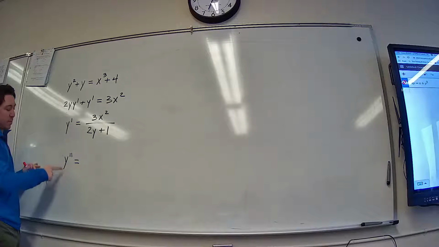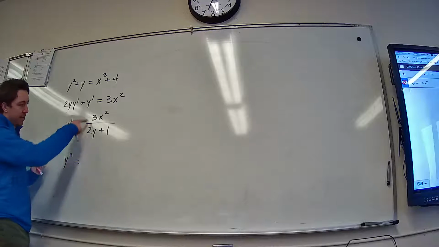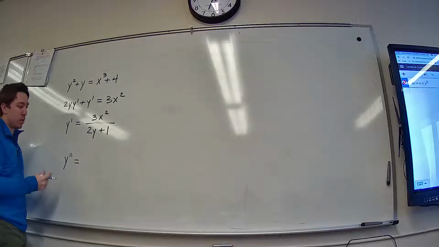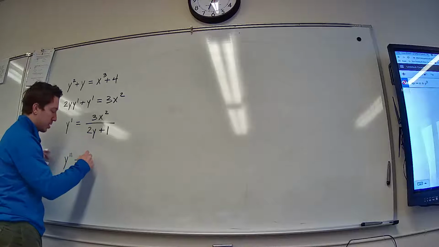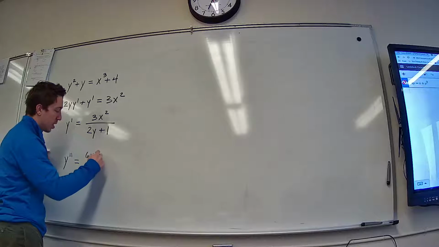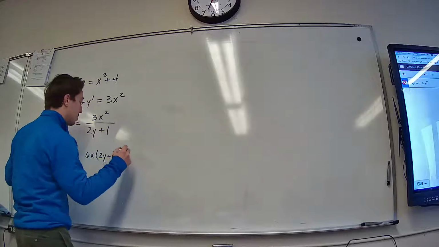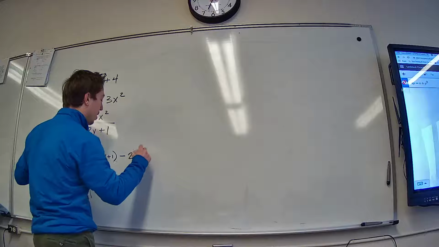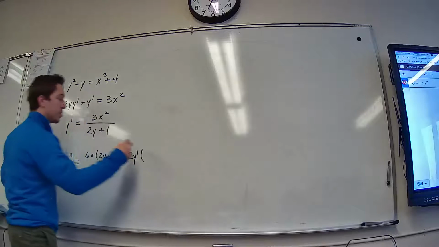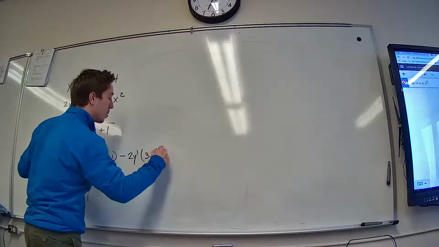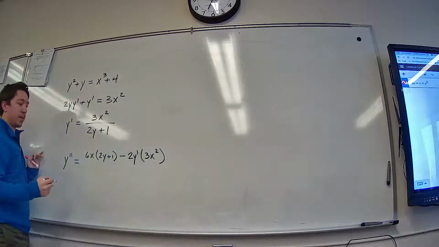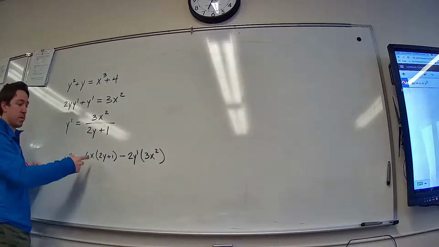So the derivative of y prime is y double prime, and the derivative of this, again, we gotta use the quotient rule. So it's gonna be 6x times 2y plus 1 minus 2y prime times 3x squared. Is everyone okay with that? Quotient rule? Yes.